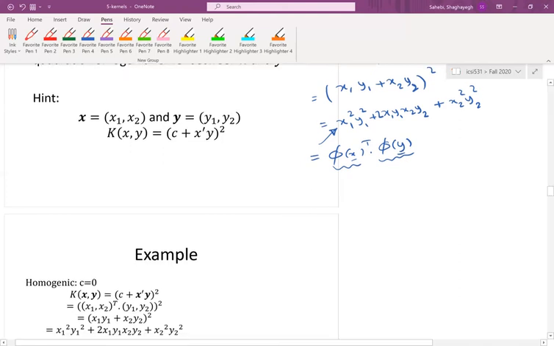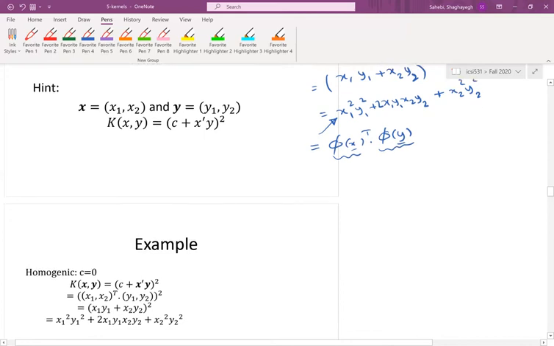So first of all, it can be three-dimensional, right? We have three different summations in our case. Now, if I have phi of x equal to, the first one is x1 squared, and then for phi of y, I'm going to have y1 squared there, right?